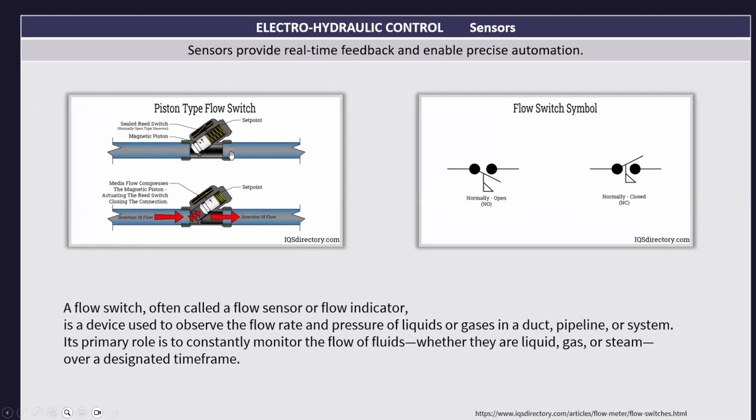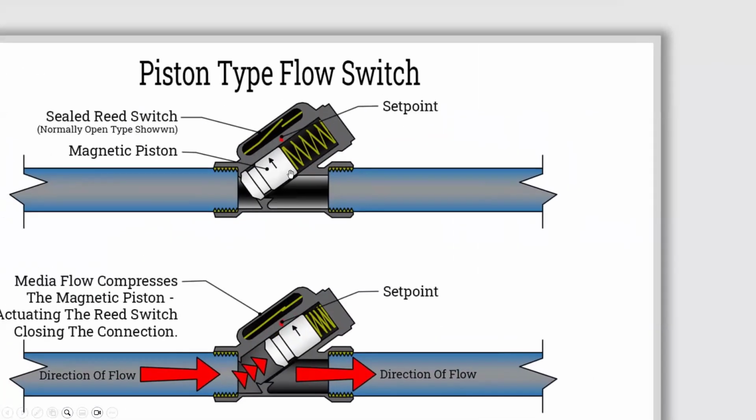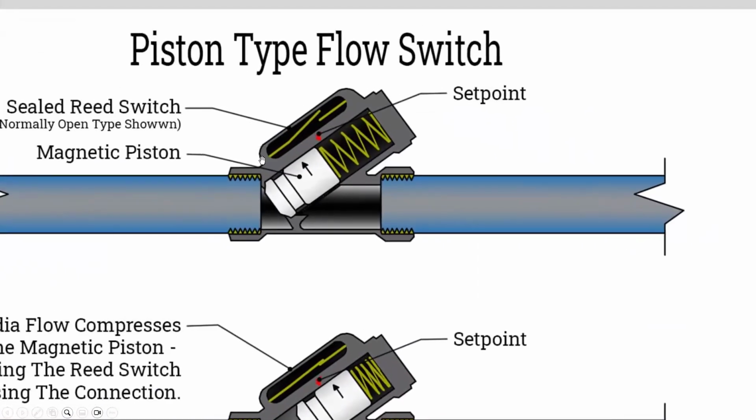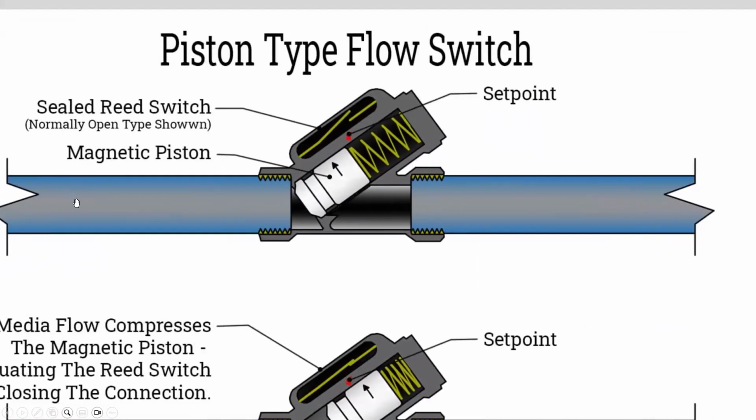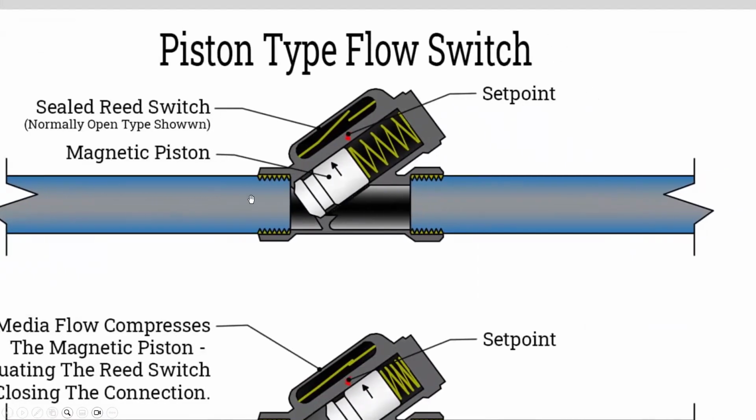I'm going to zoom in a little bit here. See, here's a magnetic piston. There's a flow of the fluid going this way right here. That piston is going to be pushed out by the power of the flow. Here's a magnet. Here's a reed switch. See that?